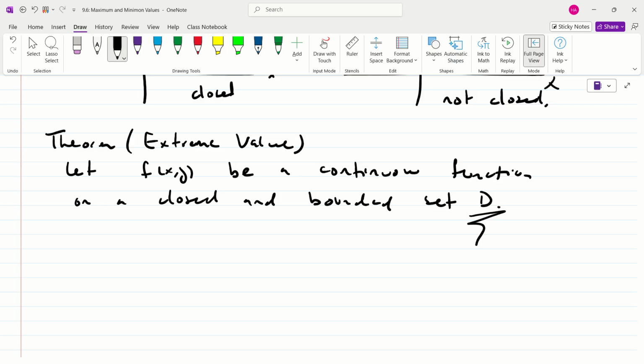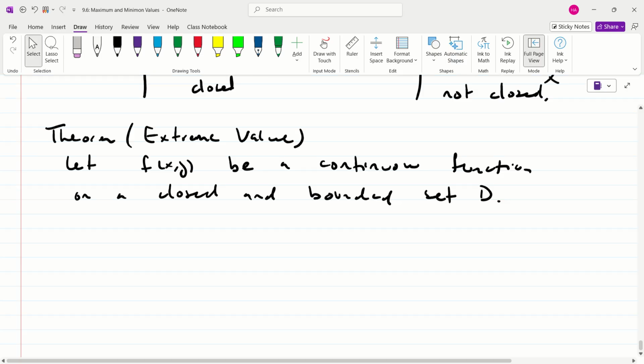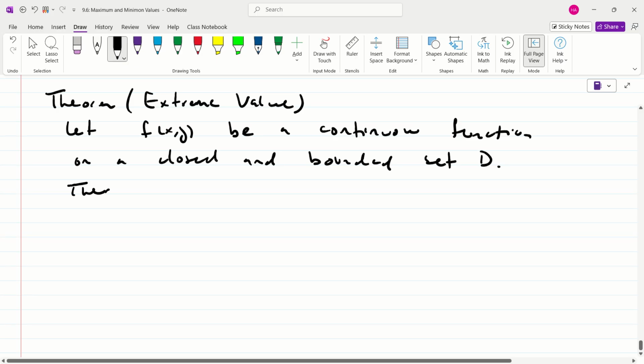So bounded means, again, that it doesn't go off indefinitely in any direction. And closed means that it has all of its boundary points. Then this theorem guarantees that this function will attain its absolute maximum and absolute minimum values.